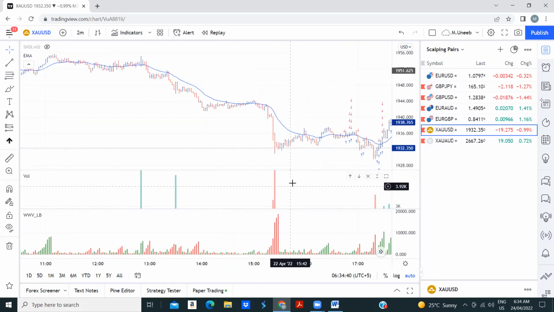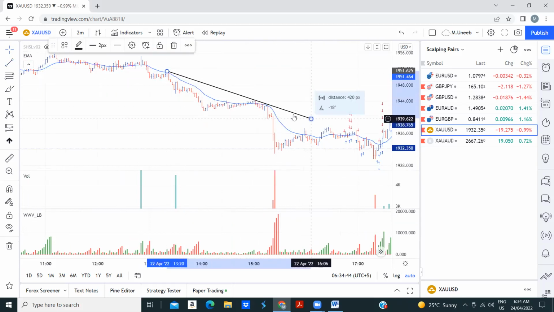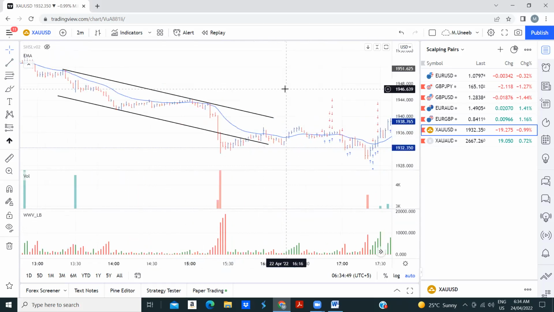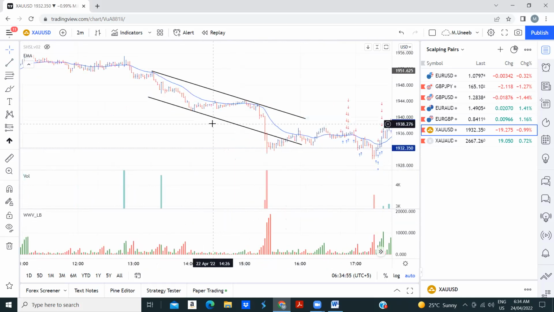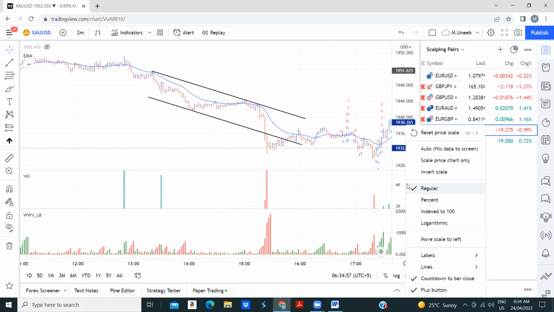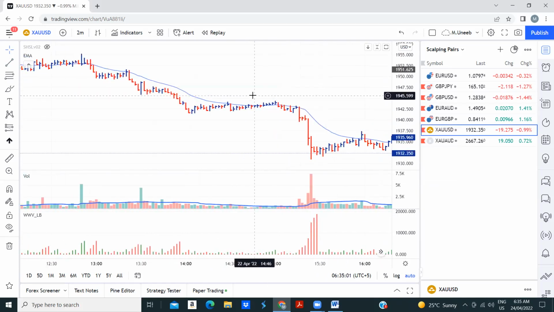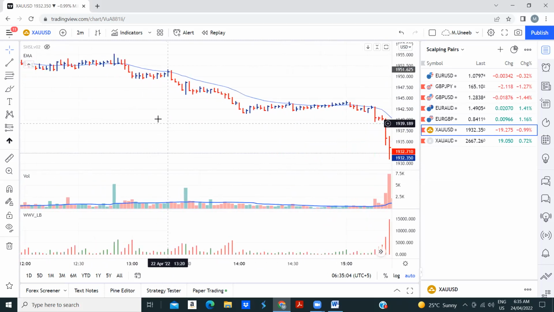Now, if you combine the whole structure like this, if you join this structure and this structure, this is overbought. Now you see huge volume. Got it? So overbought should also have huge volume. As I told you, there are two characteristics of overbought.